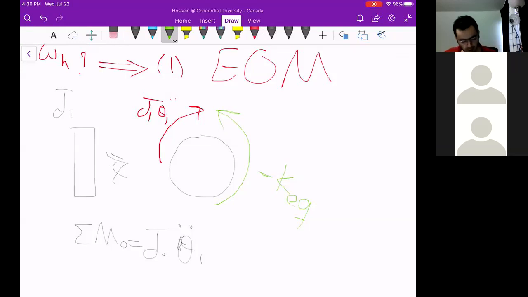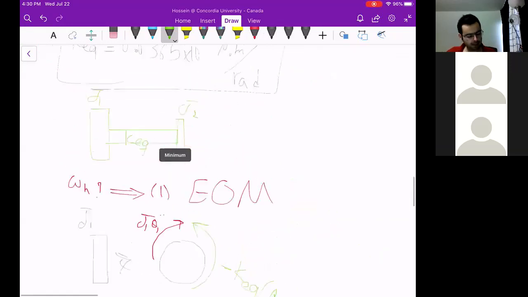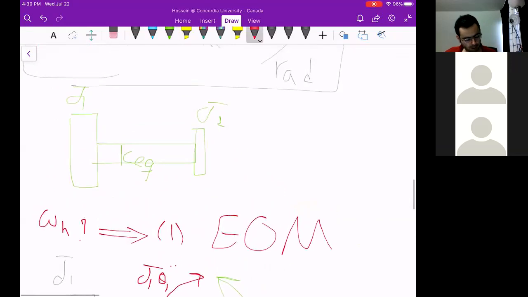So we write the relative torsional displacement, theta 1 minus theta 2, where theta 2 is the rotation of the right disc and the left is theta 1.